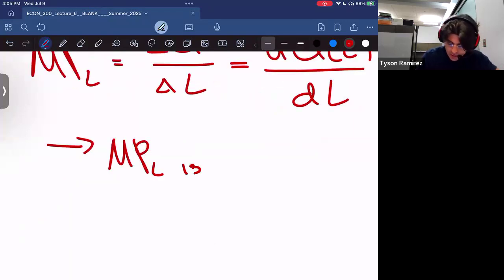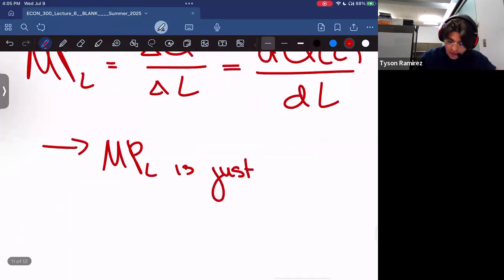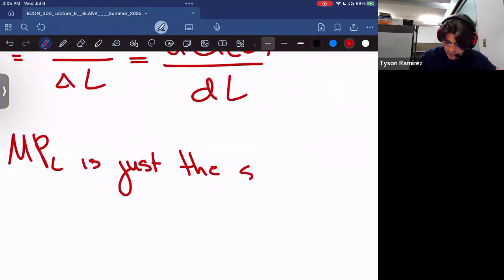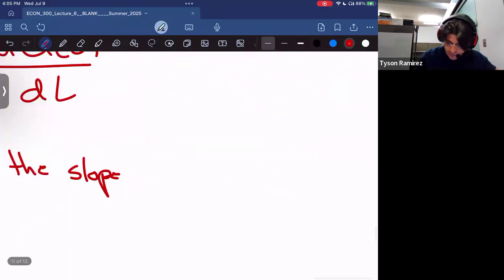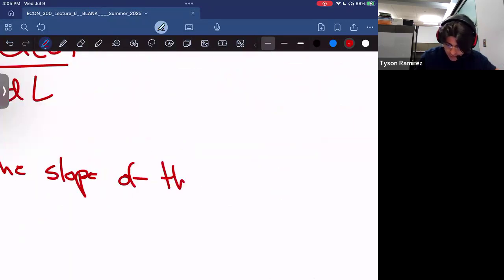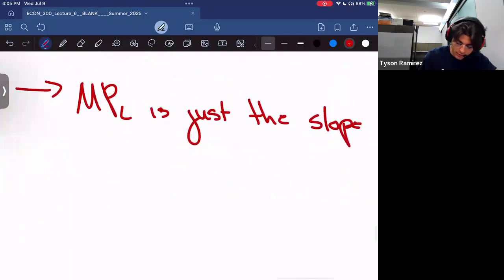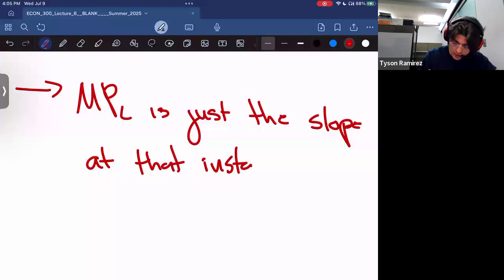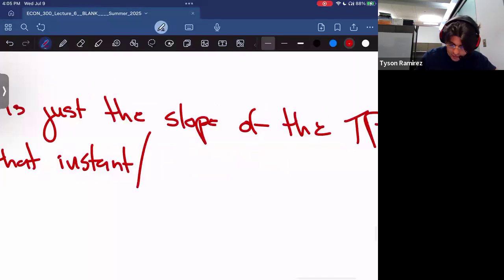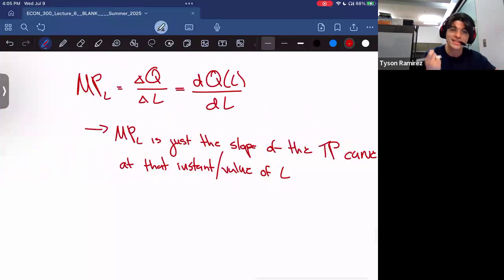MPL is just the slope of the total product curve at that instant, that instant slash value of L. The instantaneous rate of change, or quite simply the derivative, right?